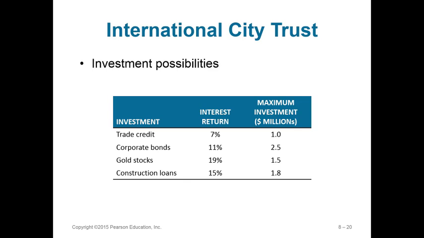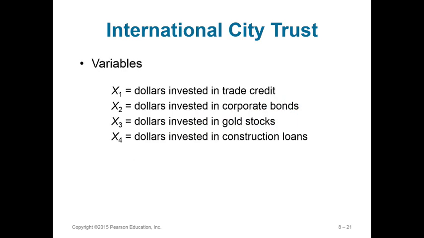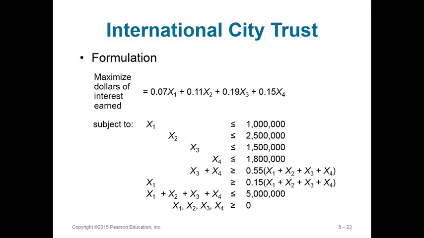So we start looking at what our constraints are going to be if we were to write them out, and that's what it's going to look like there, where you need to have less than or equal to $1 million in the first, $2.5 million in the second, $1.5 million in the third, $1.8 million in the fourth, and then the third and the fourth have to be at least 55%, at least 15% into the first vehicle.